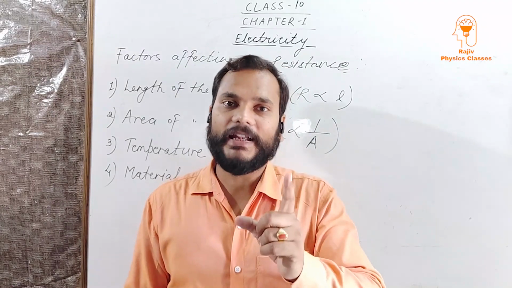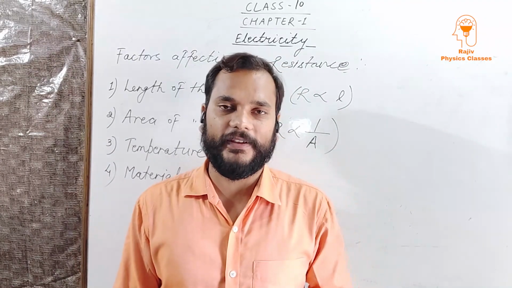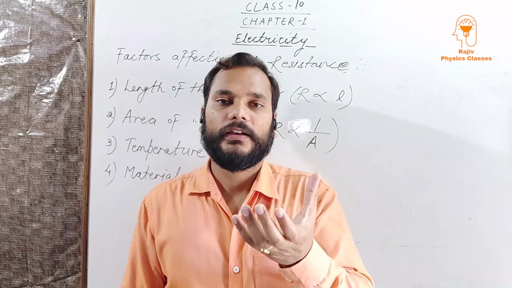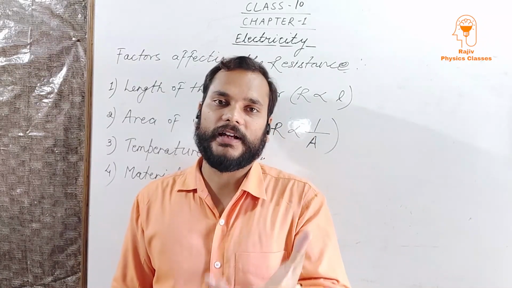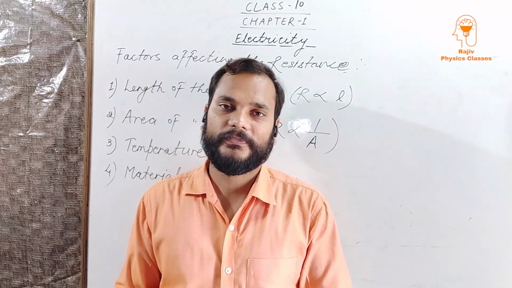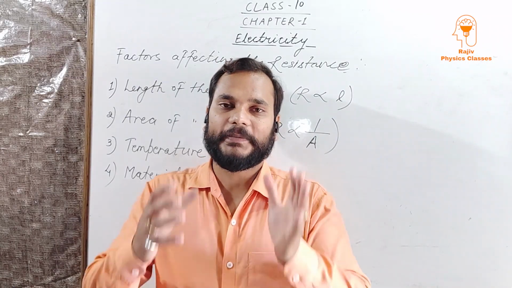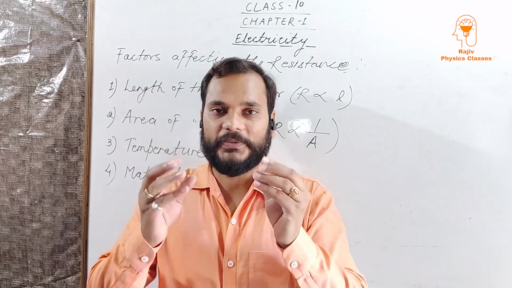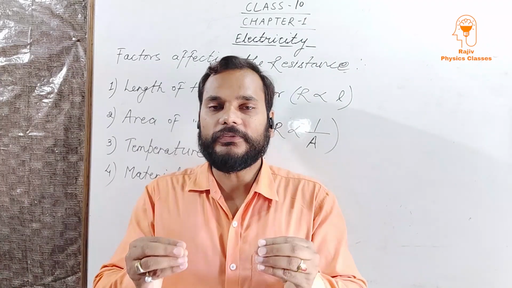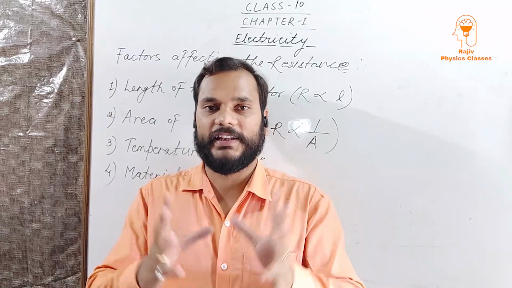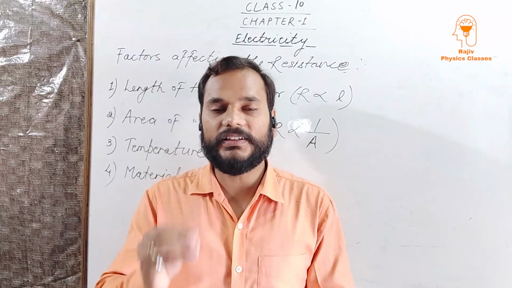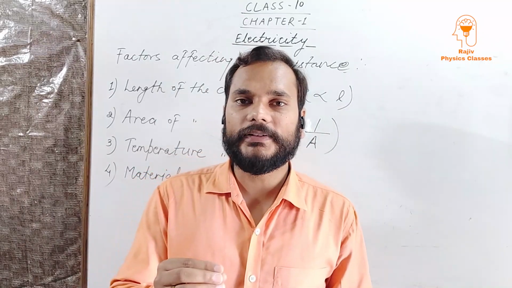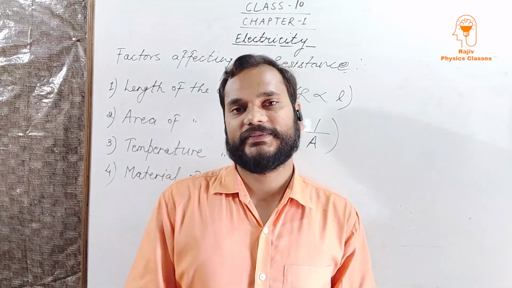Remember that definition; you are not studying it for the first time. You know the basic definition of conductors and insulators. A substance which has free electrons in it is known as a conductor.